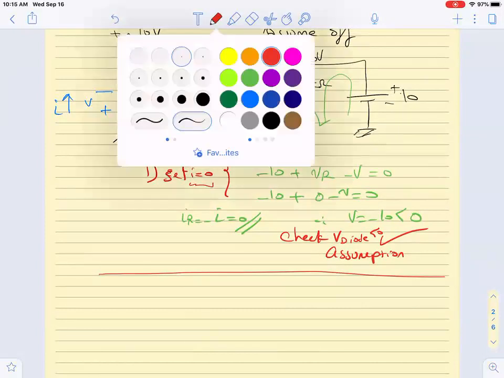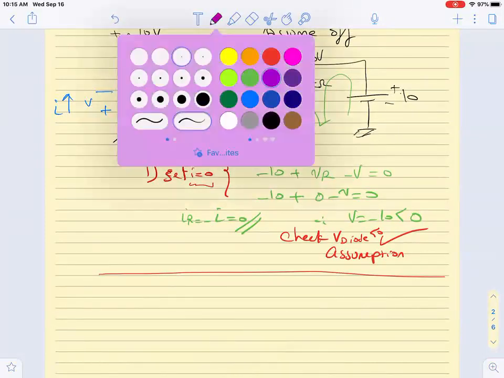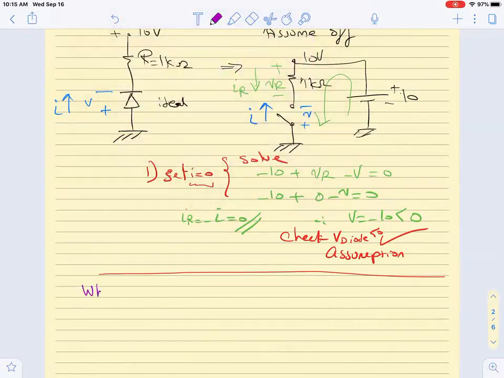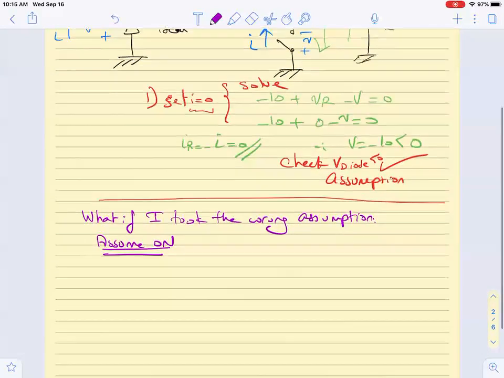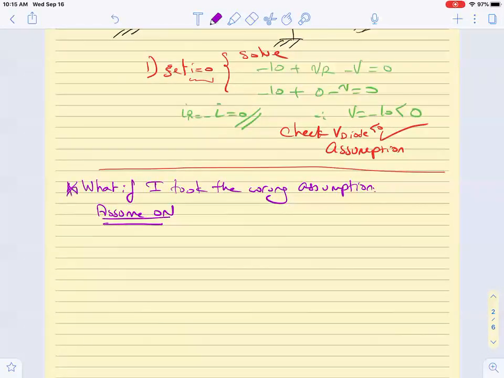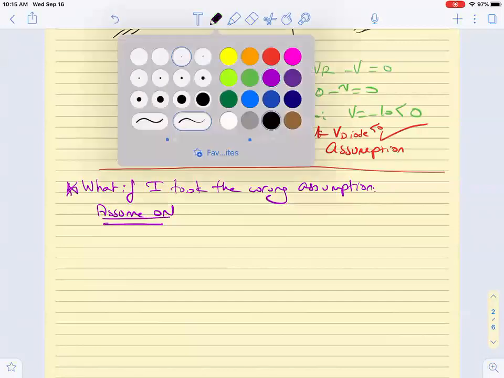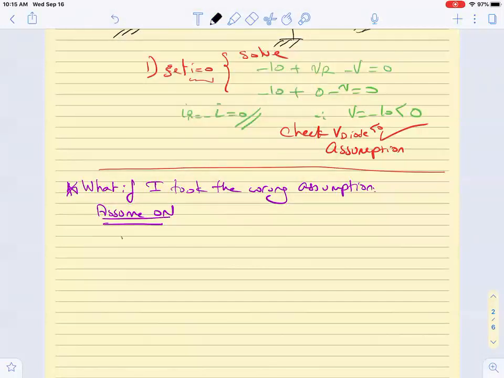Now, what if I took the wrong assumption? What is going to happen to my solution? Let's say I assume it is on. We are going to start with the equivalent circuit.